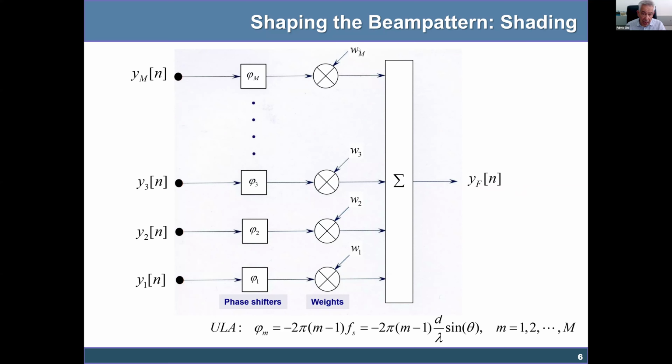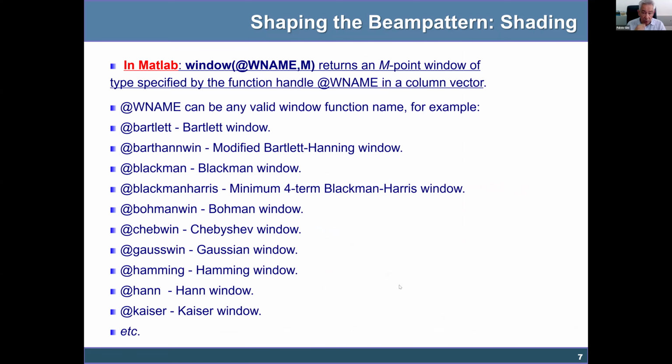Now the problem is how to design this weight in order to reduce the side lobes. Now, there is no optimal solution. There is no golden rule that tells you what you have to do. You have to understand what the trade-off is here.